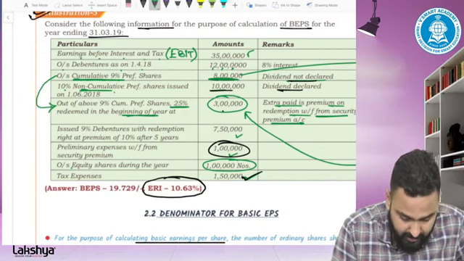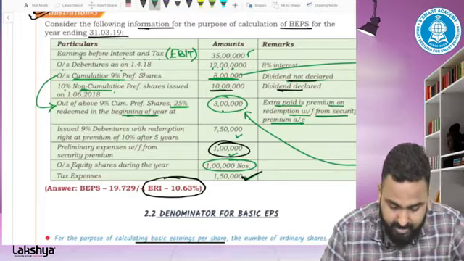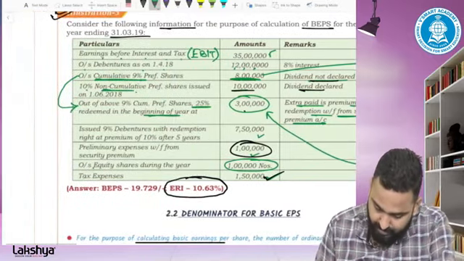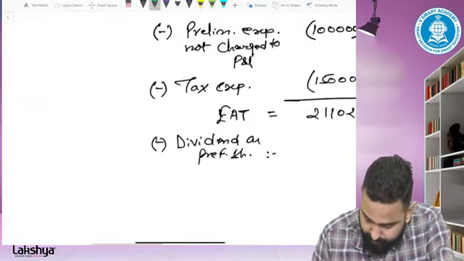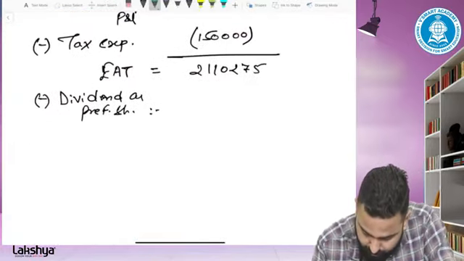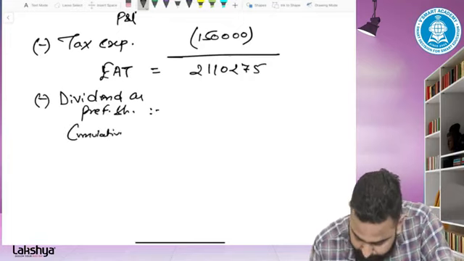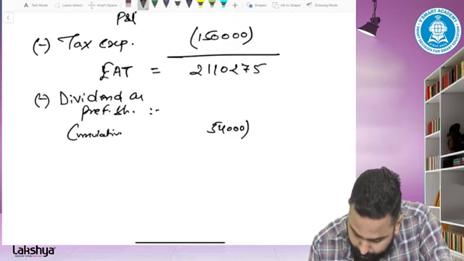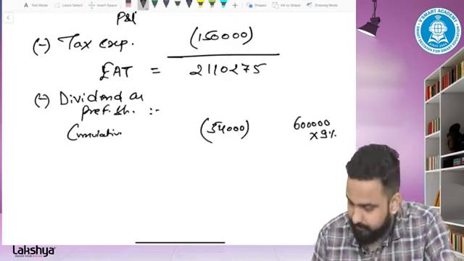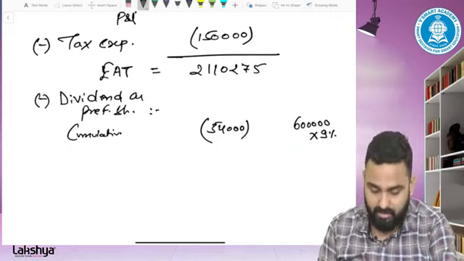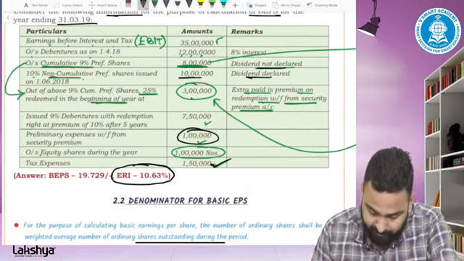So 6 lakh into 9%, cumulative, 54,000. How did this 6 lakh arrive? 6 lakh arrives after reducing 25%, the redeemed portion in the beginning.